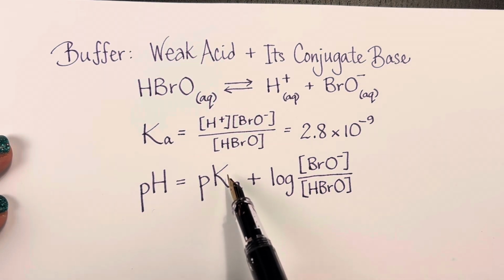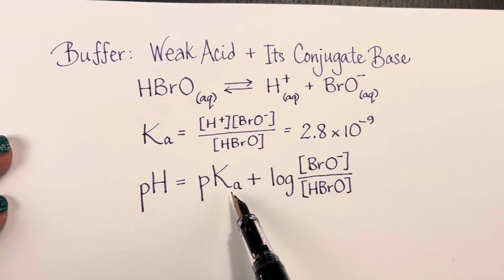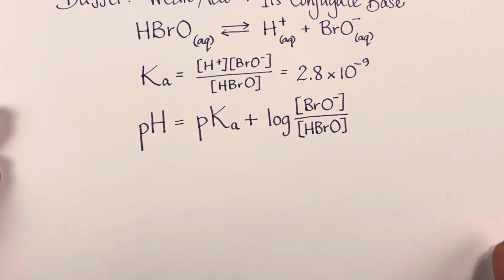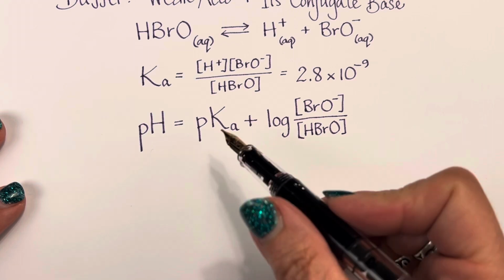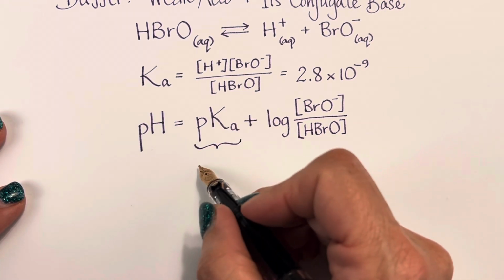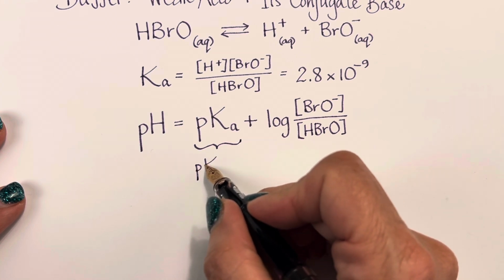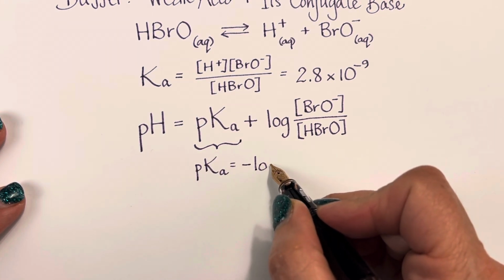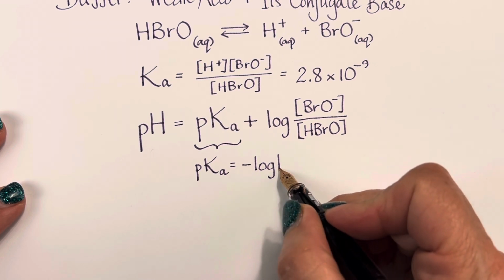So that does mean we need to calculate the pKa. All right, so pKa is equal to the minus log of Ka.